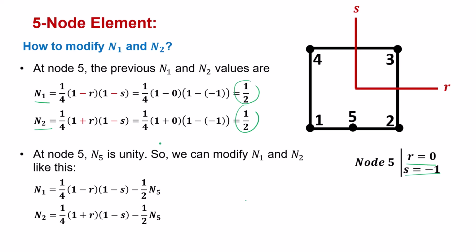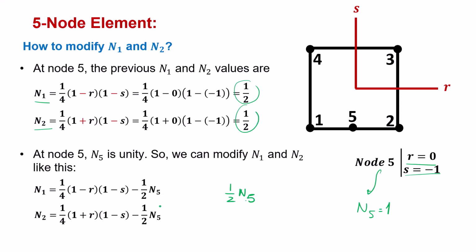But at the same time, we know that at node 5, n5 must be equal to 1. So here is the fix. We subtract a fraction of n5 from both n1 and n2. Specifically, since both of them were giving 1/2 at node 5, we can subtract 1 over 2 n5 from n1 and n2.